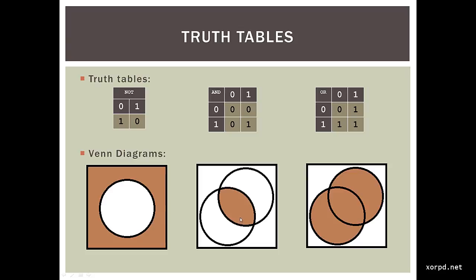Why is that? Because everything inside this region is inside both of the circles. The input of 1, 1 is represented by the region which is common to both of the circles, which is inside both of the circles. That's why this region is colored by brown, to represent that the input of 1 and 1 goes to 1, because brown represents 1 in those Venn diagrams.